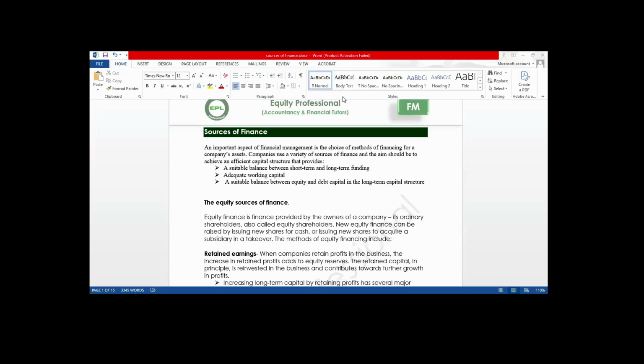All right. We are looking at sources of finance tonight. We can categorize finance sources into two groups.